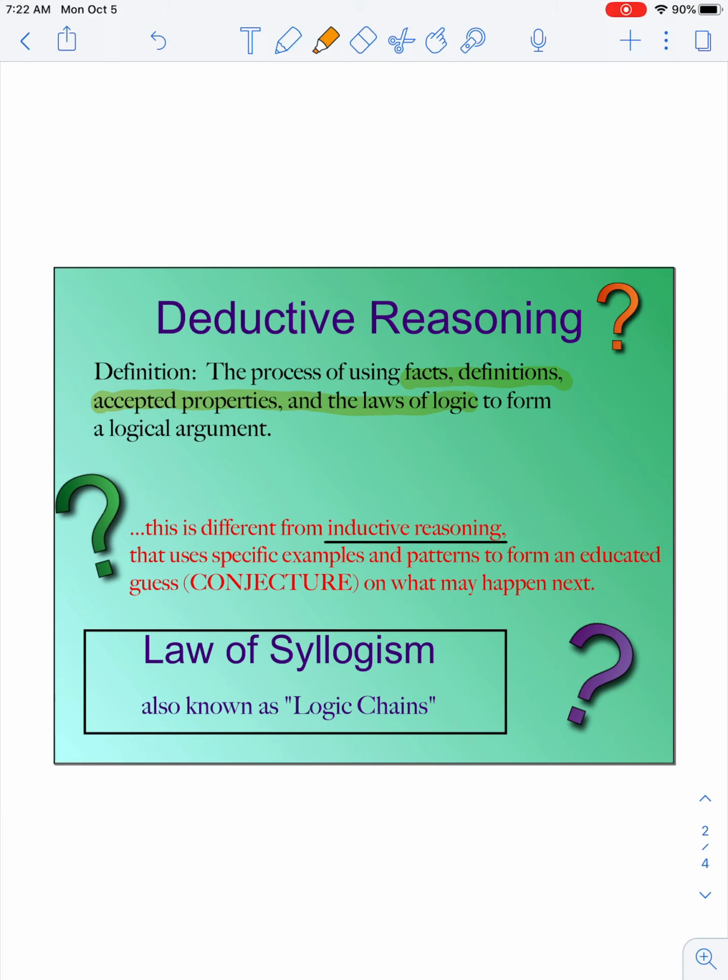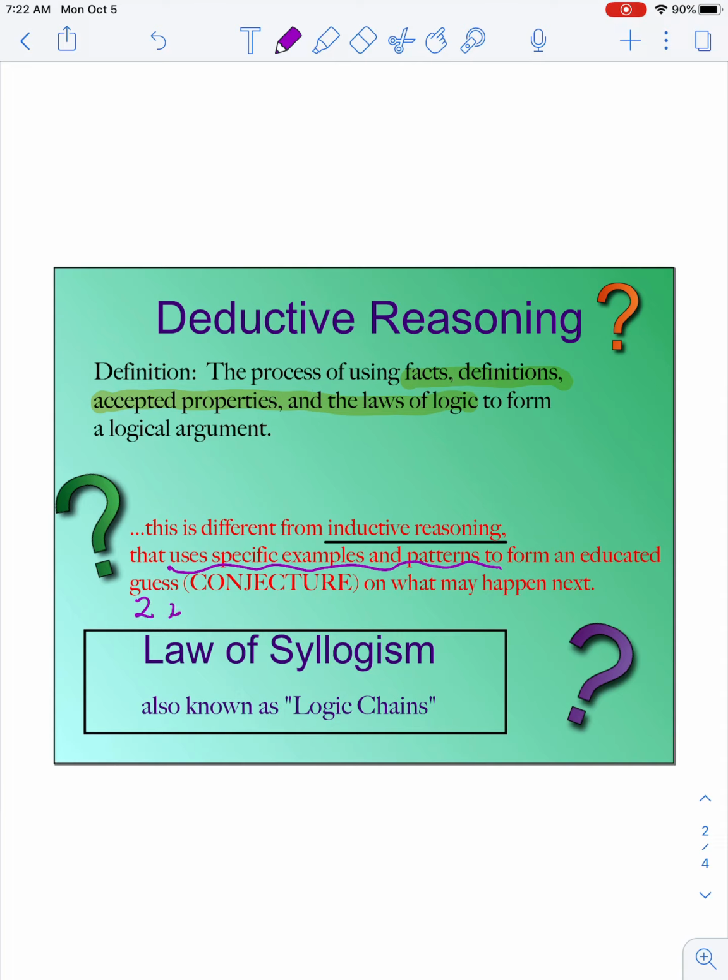This is different from inductive reasoning, where inductive reasoning uses specific examples and patterns to form an educated guess or conjecture. So this uses specific examples and patterns to form an educated guess on what may happen next.